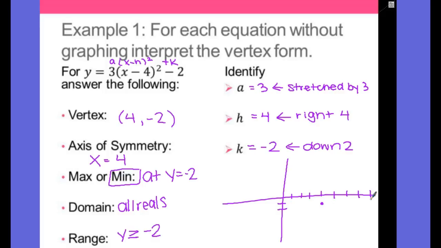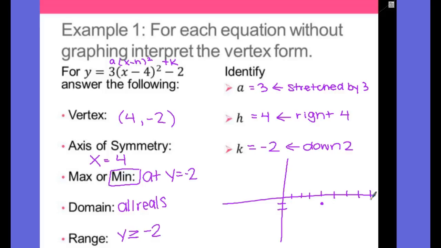So what you would do to get your points for this graph is you actually have to do 2 things now. When you plug in the number, you could plug in 3. So it's going to be 3 minus 4, which is negative 1, but a negative is always positive when you square it, so you get 1.